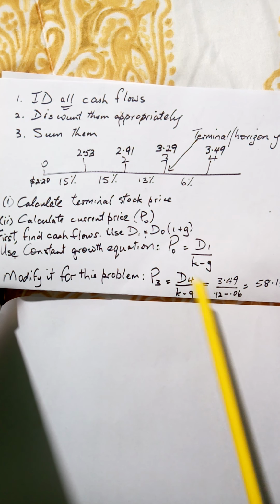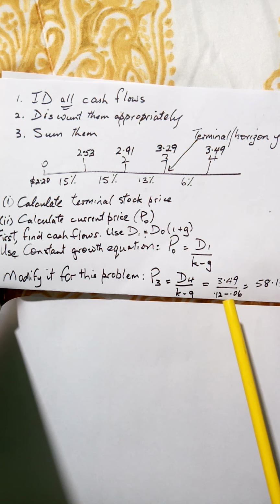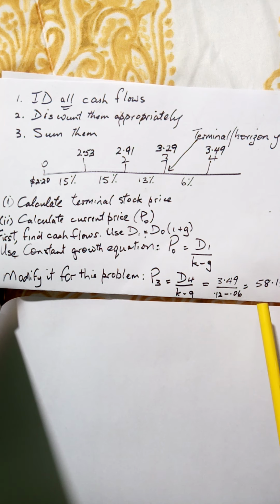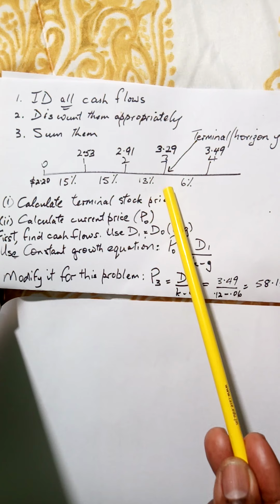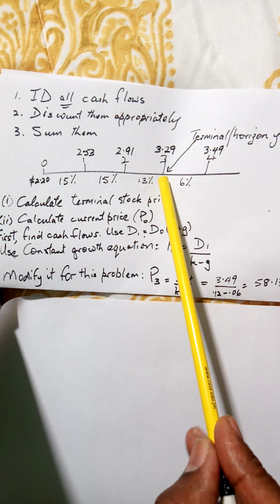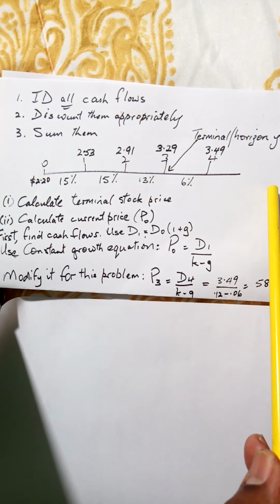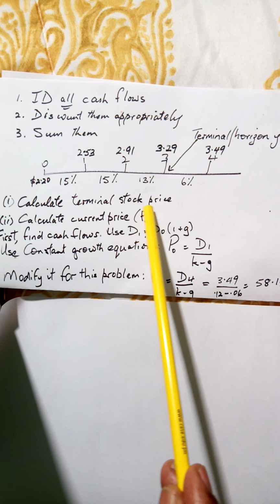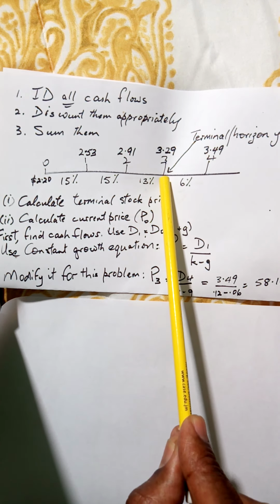The growth rate is 6%, 0.06. And when we solve this equation, we get $58.17. This belongs here because this is where the terminal period starts. And so the terminal stock price is at year 3.